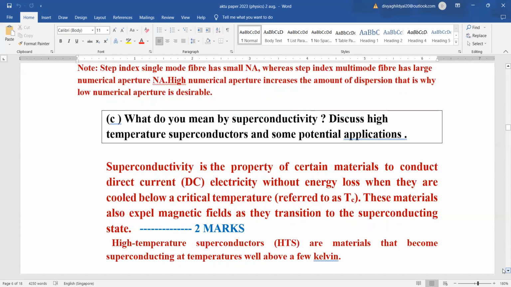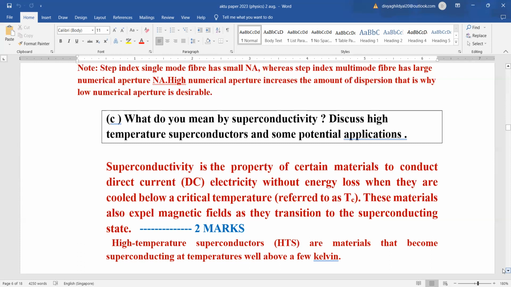Superconductivity is the property of certain materials to conduct electricity without any energy loss, and when they are cooled below a certain critical temperature, they start showing the property of superconductivity, and they also have the property of diamagnetism. That means they expel magnetic fields as the transition to the superconducting phase takes place.